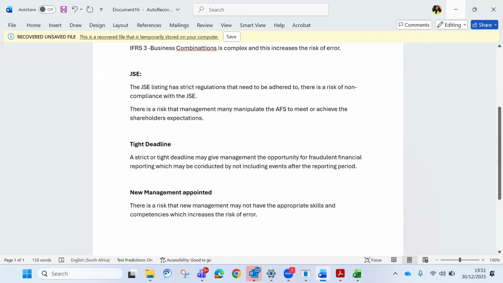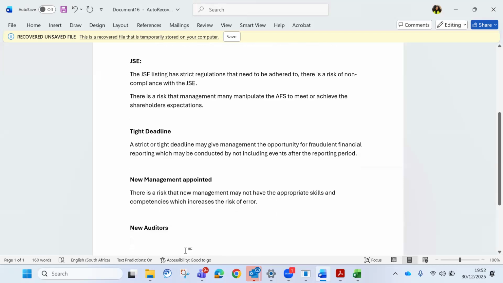What else could cause a material misstatement when I'm looking at it? The mere fact that you have new auditors. Why? If you're a new auditor, every time there's a new auditor, there's an increased risk that management may manipulate your opening balances.